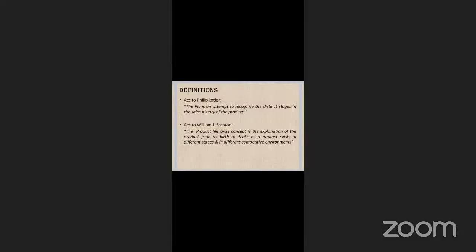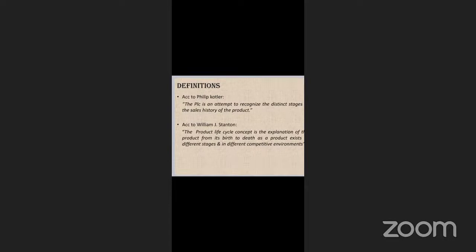According to Philip Kotler, the product life cycle is an attempt to recognize the different stages of the sale history of the product. How the product passes through, and how it is placed in the market in different stages. This all speaks about product stages.